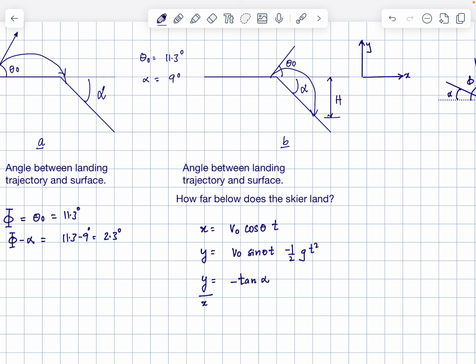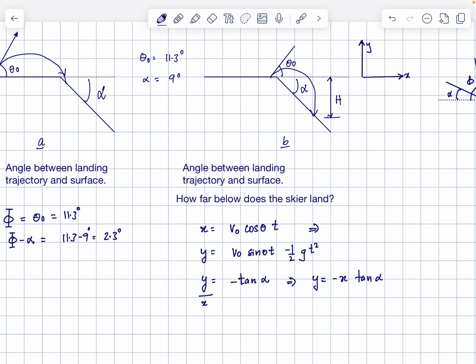So we can take this and plug it in here. Let's write it this way: y equals minus x tan alpha.